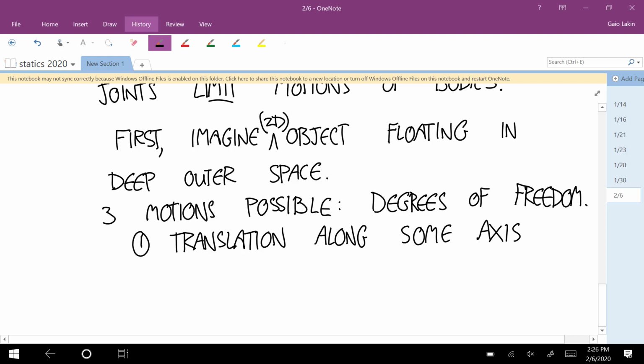Second, you can translate it along an axis perpendicular to the first one.